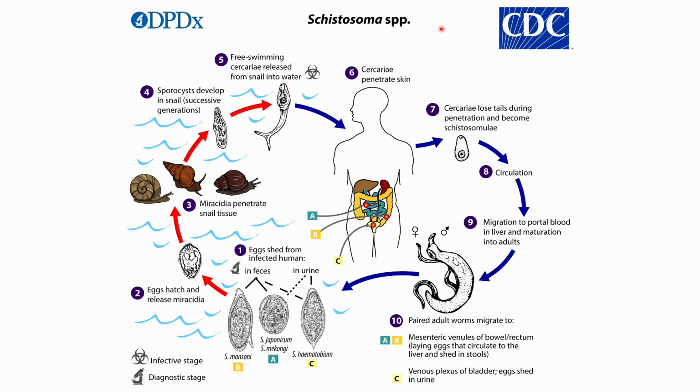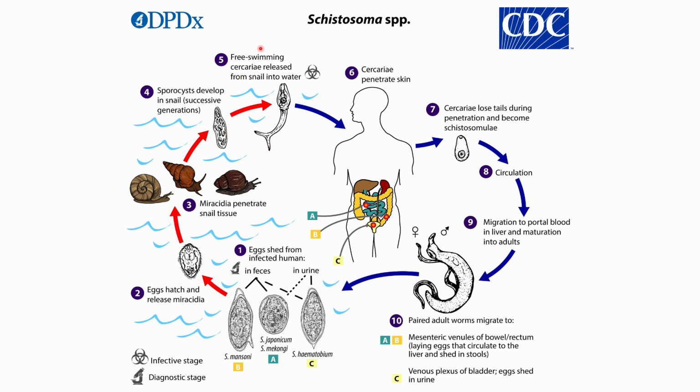So here's the life cycle of Schistosoma species, and again, it's just really fascinating. Humans shed the eggs or cysts that these adult worms are creating and releasing inside of the body. These eggs then have to make contact with fresh water where snails exist, and it uses snails as part of its necessary life cycle to develop into the free-swimming, infective stage.